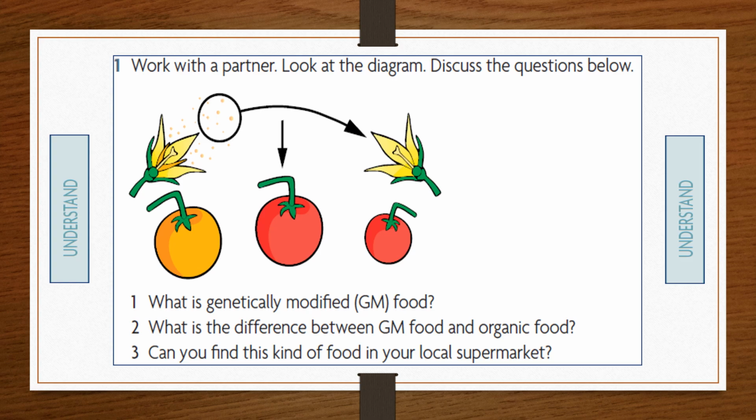But there are some disadvantages. What are the disadvantages of using genetically modified food or crops? First, it's a relatively new practice. We don't know the long-term effects and the safety.